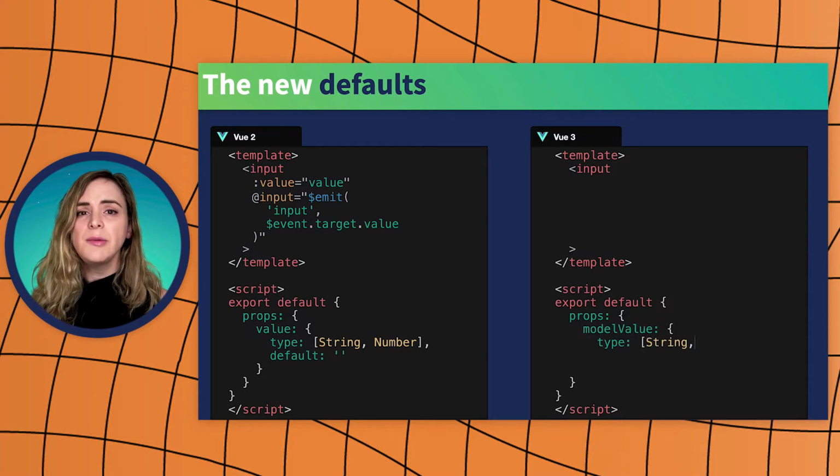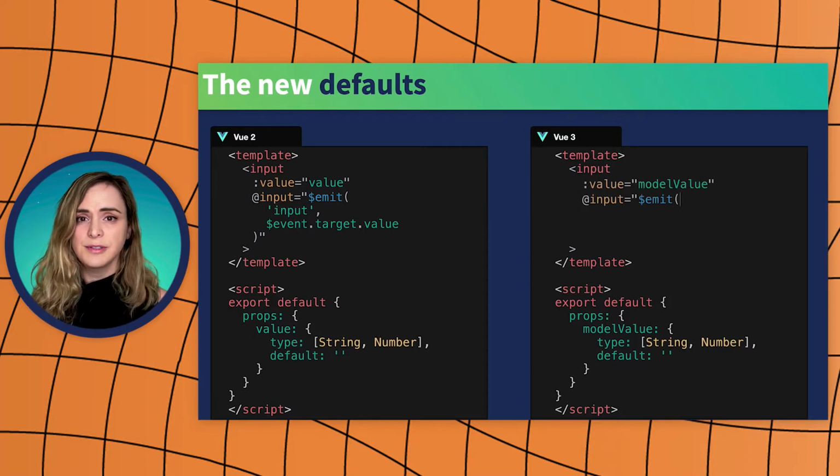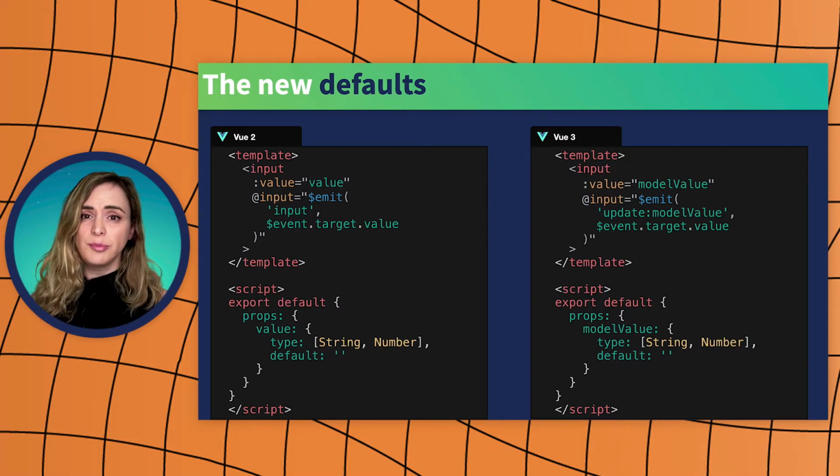First, we add our property, but this time we will call it modelValue. Same type, same defaults. Now we will bind to the value attribute of the input, but instead bind it to the modelValue property. Finally, we listen to the @input event, but this time we emit an update:modelValue event to the parent. The payload stays the same.